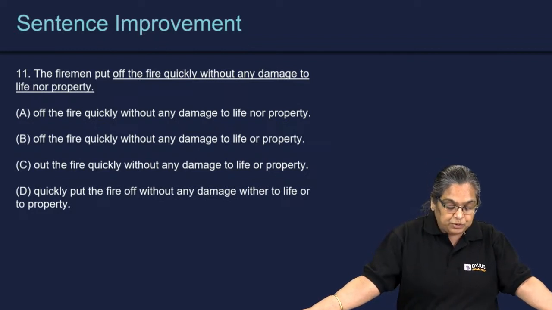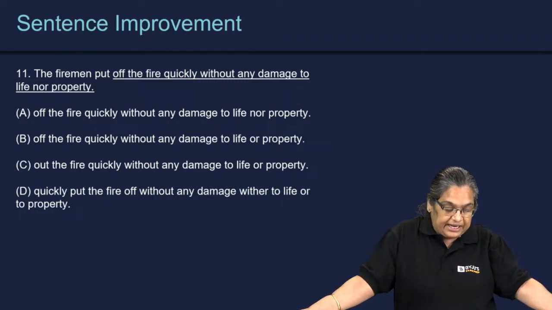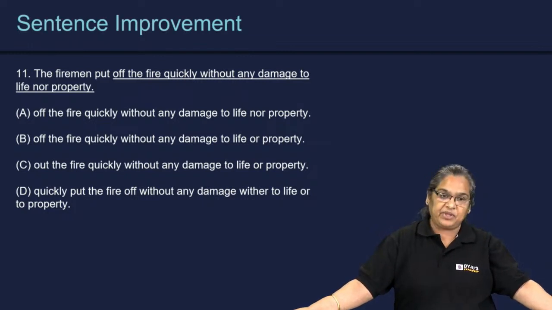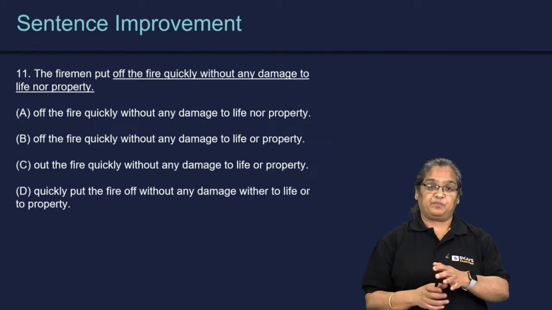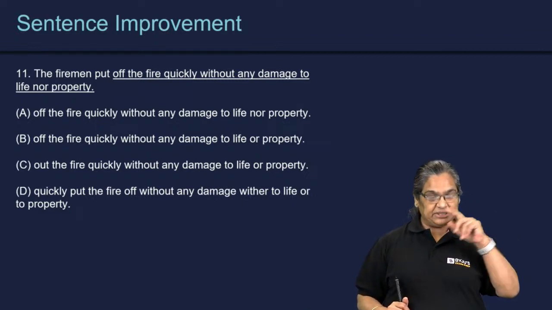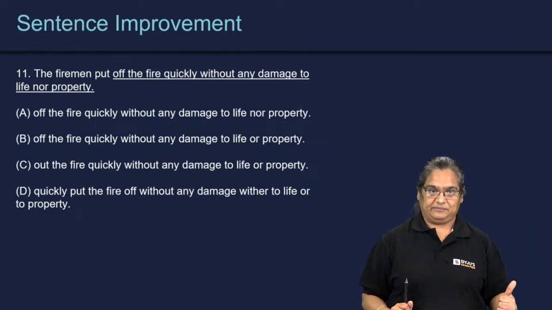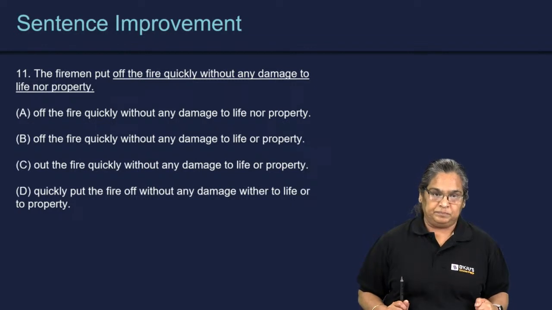The fireman put off the fire quickly without any damage to life nor property. A is the same thing. B, C and D. Achal, please mention the question number and we're going to move faster now. I will not do all the questions of sentence improvement. We'll move on to para-jumbles and then, with the time remaining, come back here. Right? Yeah.